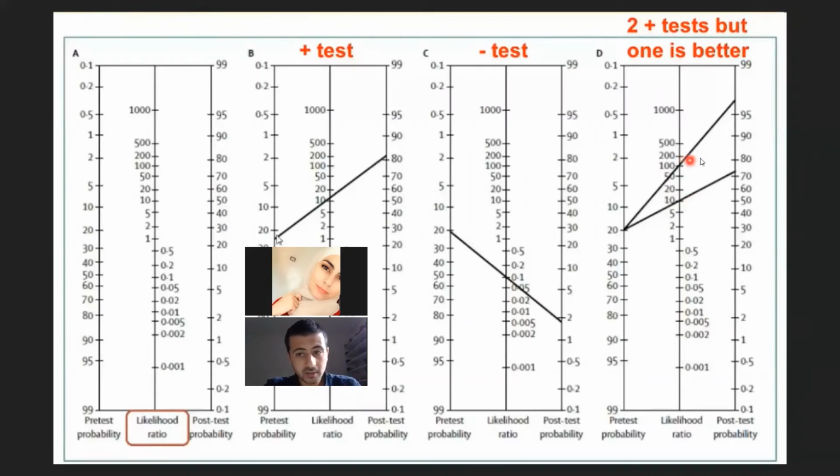One has a 100, one has a 10. If I start from the same probability, one will take me to 70, one will take me to more than 97%. That test might be really bad in the negative likelihood ratio, but I don't care. Is that clear?